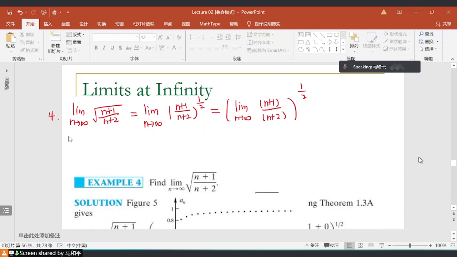Okay, now our target is to find this one. Maybe you should figure out this one. Do you know how to calculate this one?